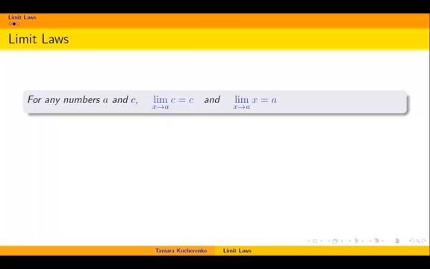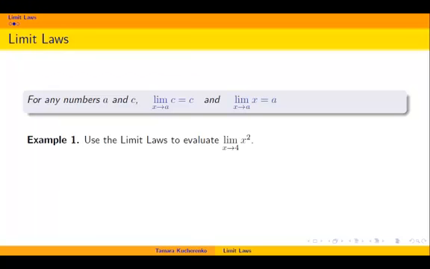The second limit becomes obvious if I just state it in words. When x approaches a, x approaches a. We can compute a wide variety of limits using just these two simple results and the limit laws.